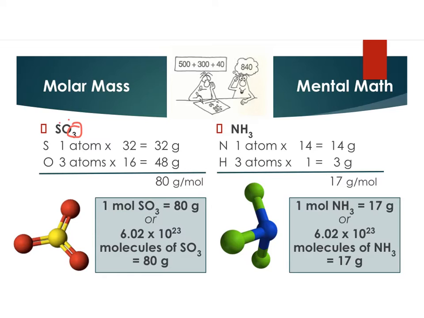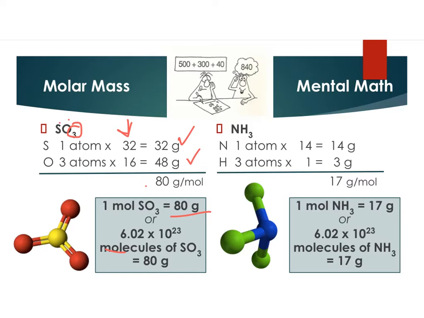So we look up each one's molar mass and we multiply that by how many atoms we have. So 1 times 32 is 32 and 3 times 16 is 48. You add those together and you get 80. So you would say that 1 mole of SO3, or sulfur trioxide, is 80 grams, which is also equivalent to 6.02 times 10 to the 23rd molecules of this compound.